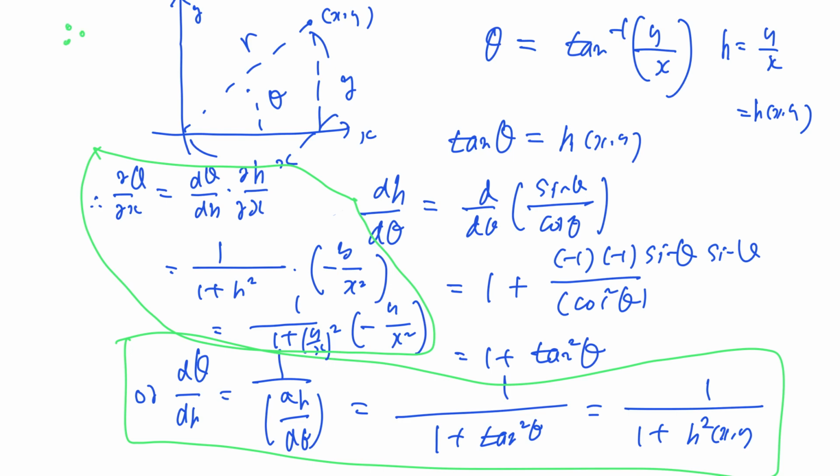Therefore, partial theta over partial x is x square plus y square over minus y, which is minus r over sine theta.